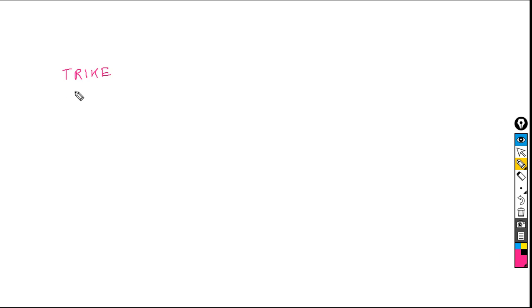When we compare it with STRIDE, it is a bit different, because STRIDE talks about spoofing, tampering and other things. But Trike focuses on a risk-based approach. So it is different from STRIDE, and also different from another method known as DREAD.